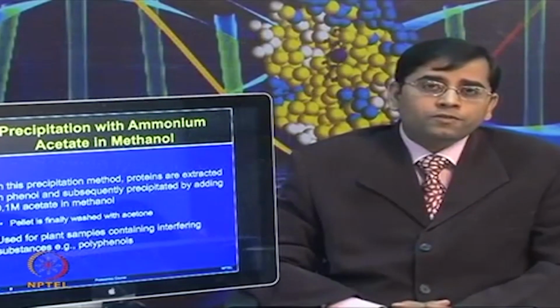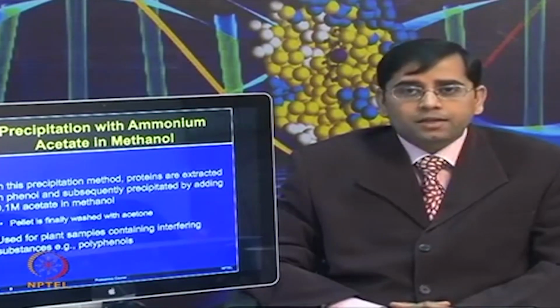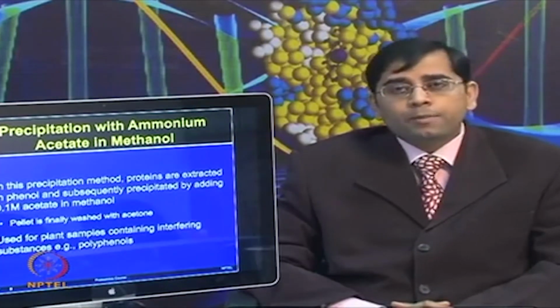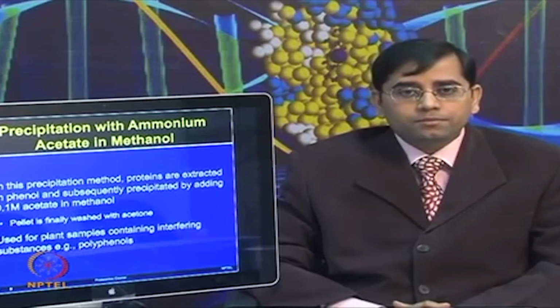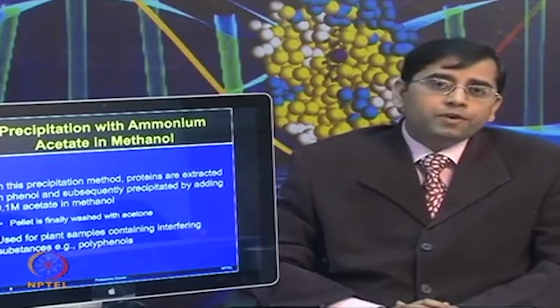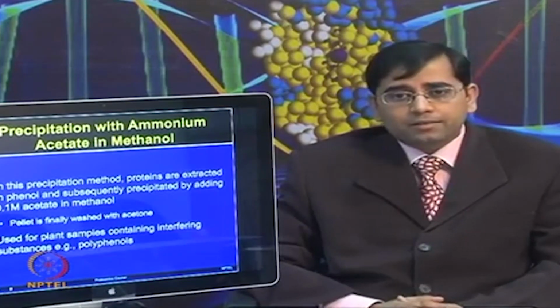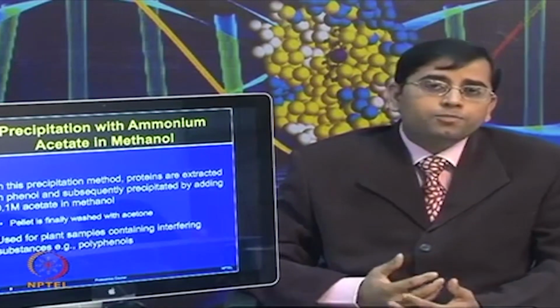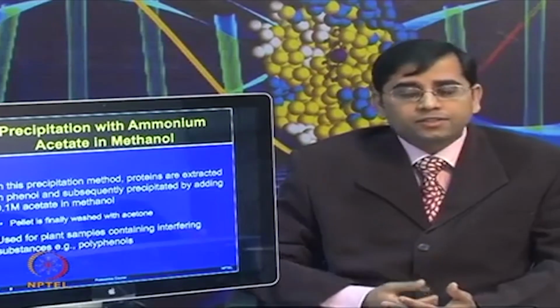Now, let us talk about one of the less commonly used methods, precipitation with ammonium acetate in methanol. This is more commonly used when you are talking about plant samples which are rich in polyphenol and other interfering substances.